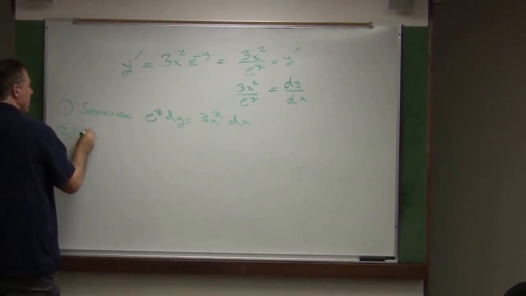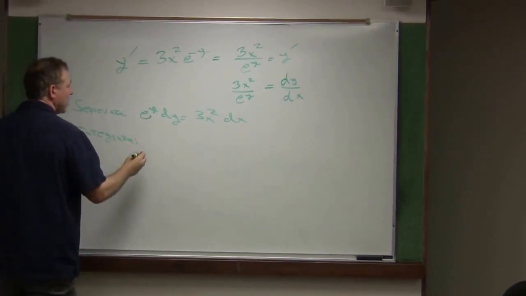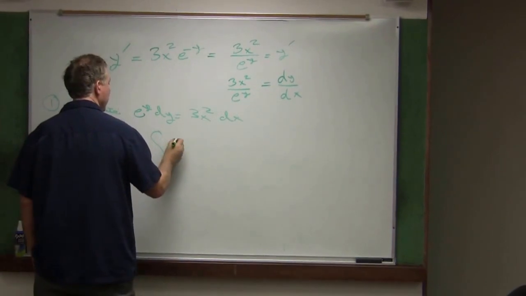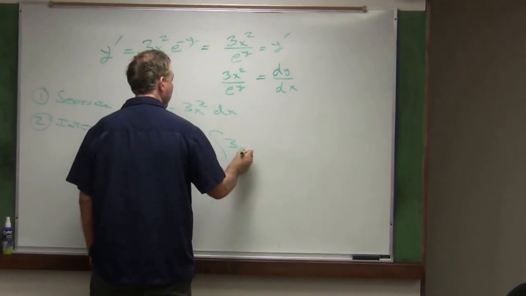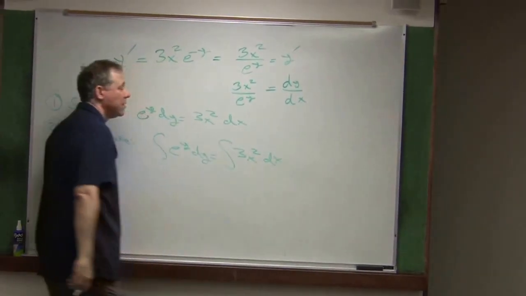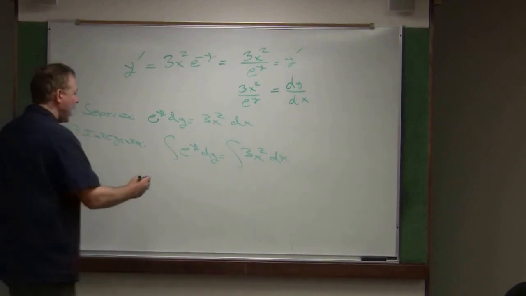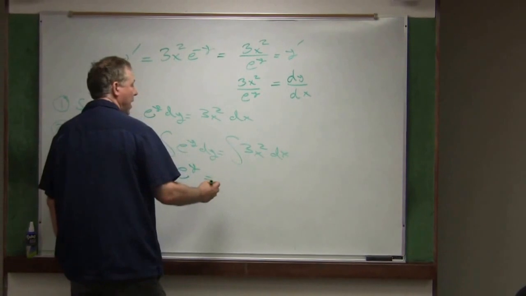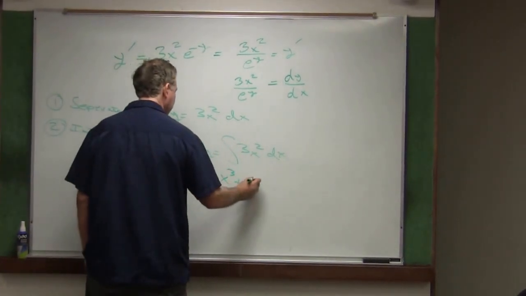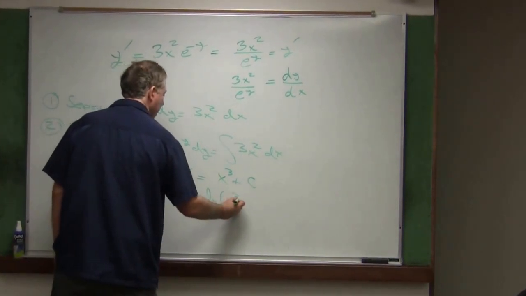And now integrate: the antiderivative of e to the y dy is equal to the antiderivative of 3x squared dx. This gives e to the y equals x cubed plus c, so y is ln of x cubed plus c.